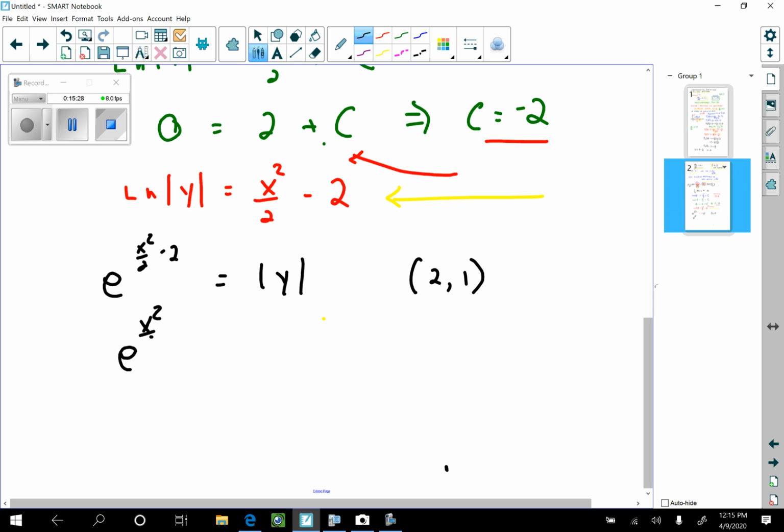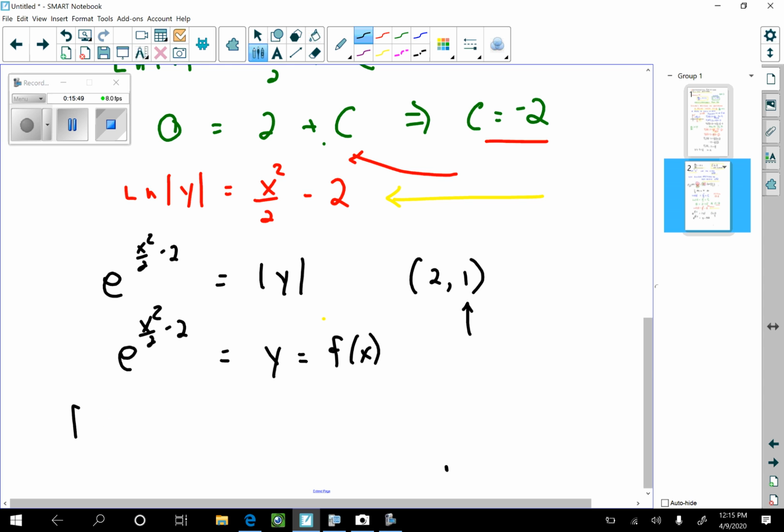We have to be careful there. I can do away with the absolute value because I know the y's are going to be positive. So that's my y. This is my function. And this time, I do have y solved for x, so I can actually call that a function. Not always can I.